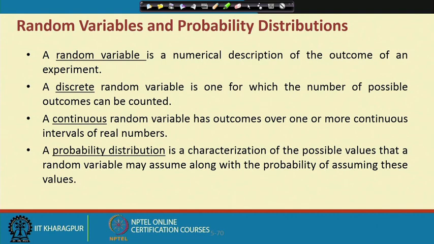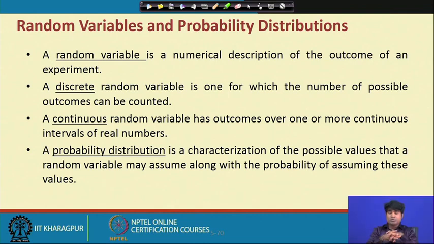Before we connect with probability distributions, I would like to highlight some concepts. The first concept is random variables. We have already discussed what variables are. A random variable is a numerical description of the outcome of an experiment. A discrete random variable is one for which the number of possible outcomes can be counted. On the contrary, a continuous random variable has outcomes over one or more continuous intervals of real numbers.